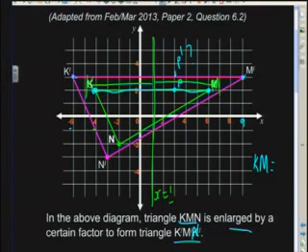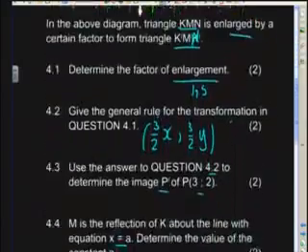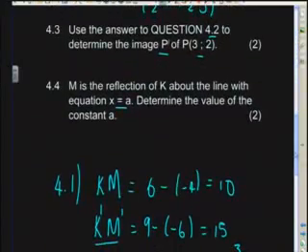The distance from -4 to 1 is 5 units, so 1 minus -4 gives me 5 units. And then if I went from M, which is 6, 6 minus 1, I also get 5 units. So x equals 1 will make sure that point M is a reflection of point K. So x equals 1 is the answer to the value of the constant A.